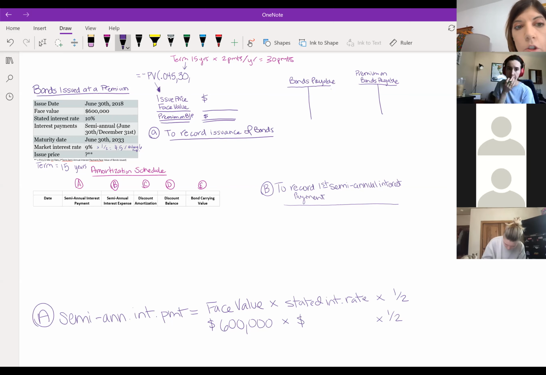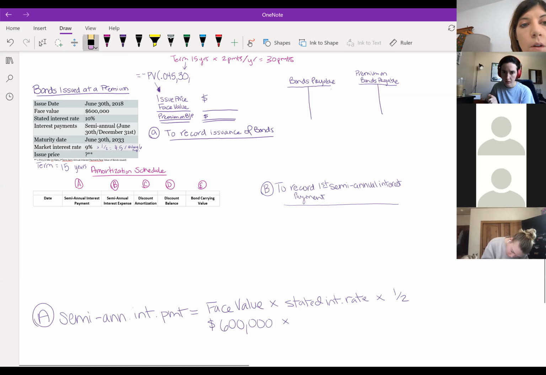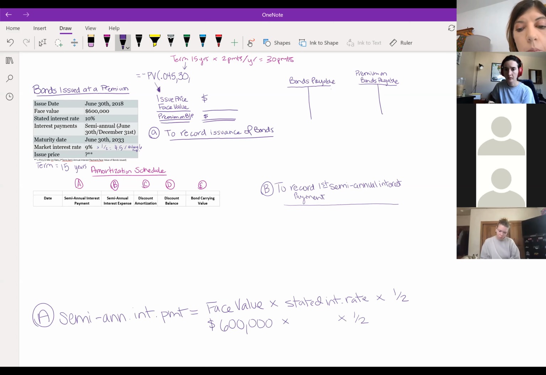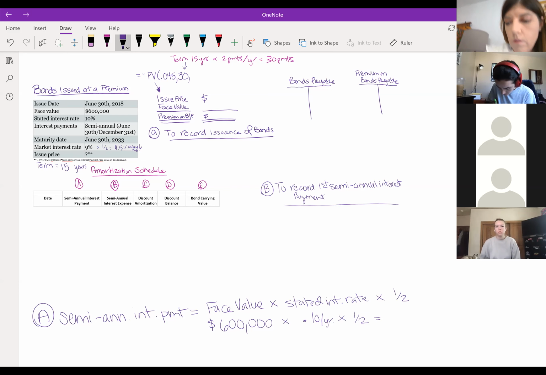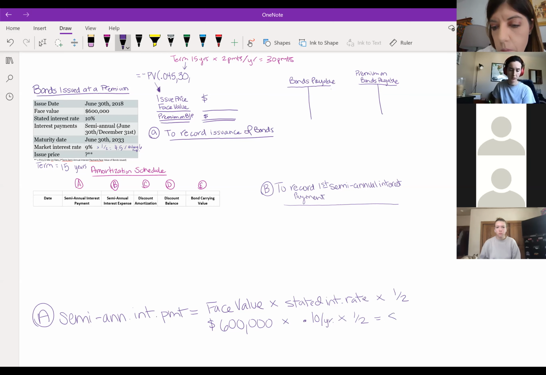Sorry, what interest percentage per year? 10%. 10, yeah, 10% per year times 1/2 because we pay out semi-annually. So 600,000 times 10% is how much? 60,000. Times 1/2 is 30,000. Yeah. So every 6 months we're paying out $30,000 in interest.